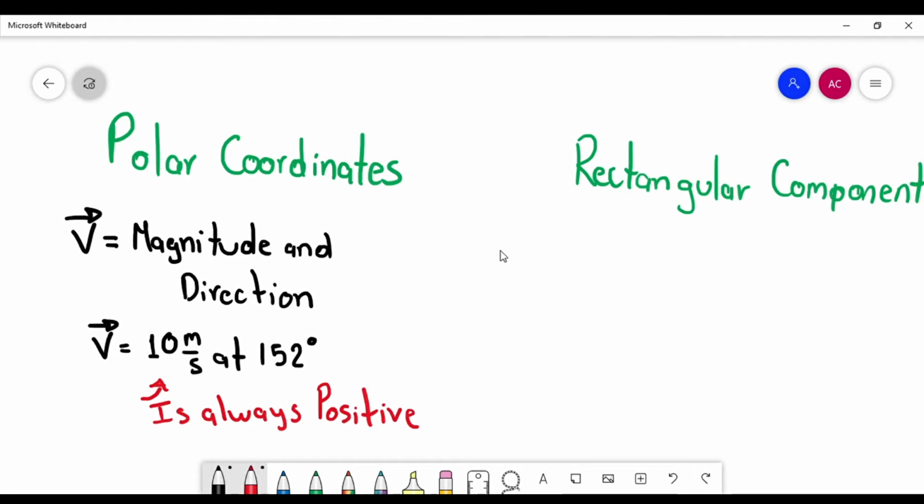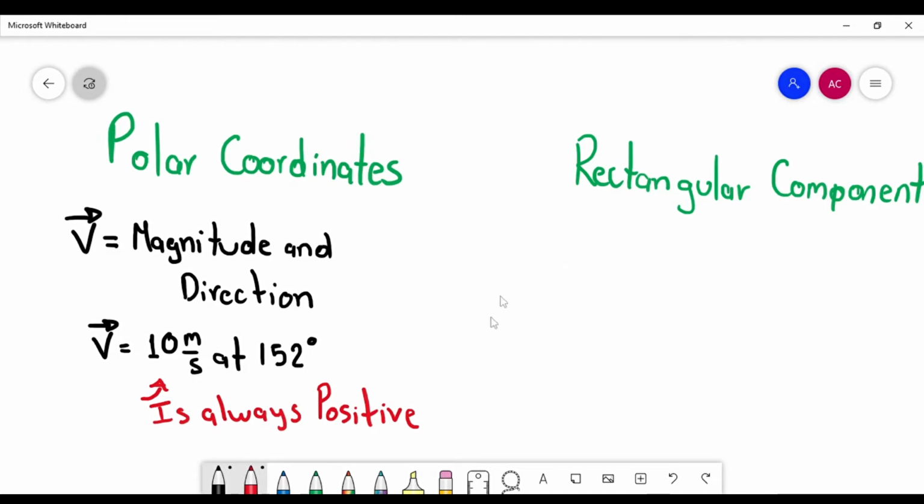So this number is always positive. So with this direction, we're going to see if the vector goes to a positive direction or a negative direction. Okay, so that's why we say that the magnitude of this vector is always positive.